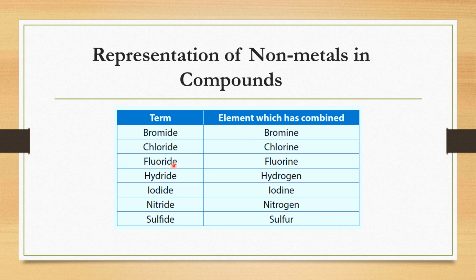Fluoride represents fluorine, and sulfide represents sulfur in a combined form. These terms are the second part of the name of a compound. For example, sodium bromide, calcium fluoride, and iron sulfide.